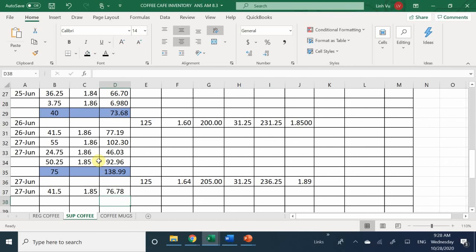So you can round up to 76.78. You're gonna round up because this is what you're gonna be journalizing in your journal, and you can't have unrounded numbers for your journal.